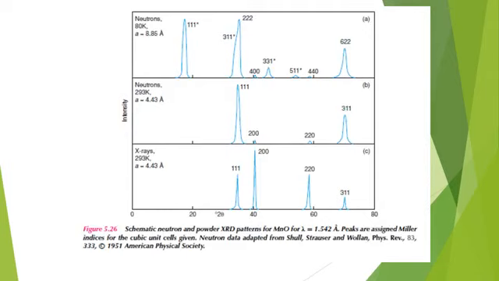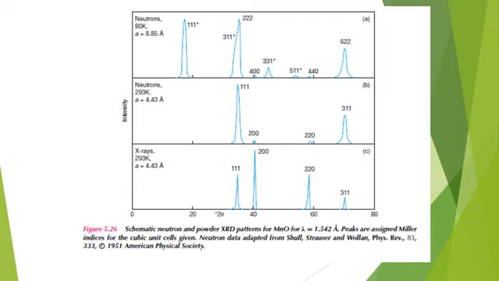Here is a figure showing the intensity on the y-axis and the angle 2 theta on the x-axis. The X-ray pattern is displayed at the bottom, and in the middle the neutron diffraction pattern is shown at 293 Kelvin, the same temperature as for the X-rays.